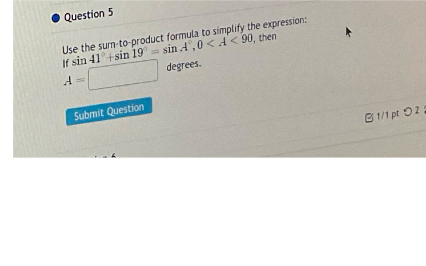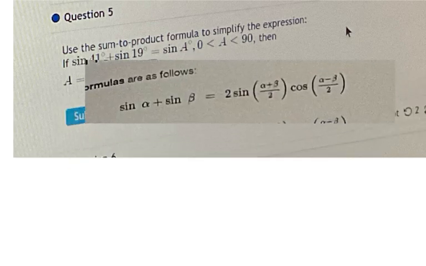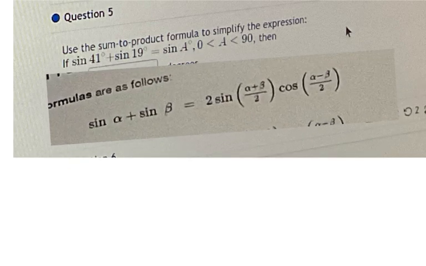3.5 day to day. All right, so I'm using this formula. Everything's crooked because I'm not taking pictures straight on, so just deal with it. So this is my alpha. This is my beta.